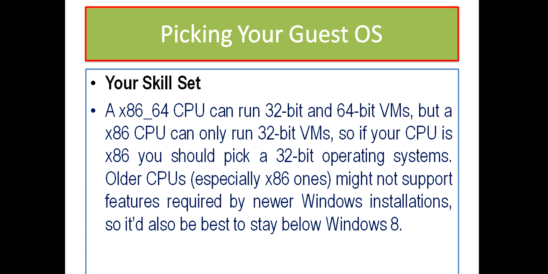If you find some problems, you may ask me. So an x86 CPU can only run a 32-bit virtual machine. If your CPU is x86, you should pick a 32-bit operating system. This is a good suggestion. You should not go for the 64-bit one, as your original CPU is x86.